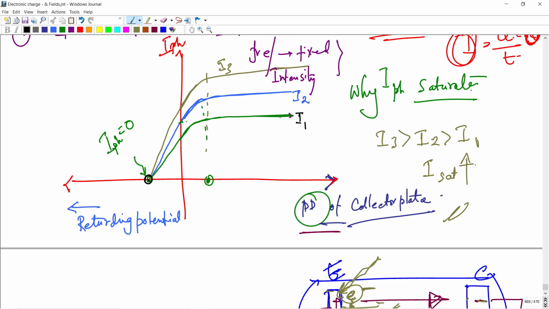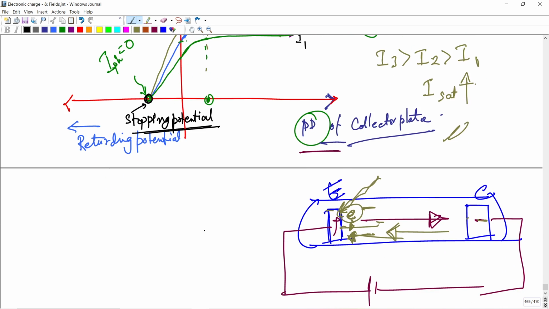The value of this potential is called the stopping potential. Stopping potential means the maximum energetic electron, the one whose energy is maximum, is the only one that can overcome that push and reach the collector plate, and when it reaches here we get some current.